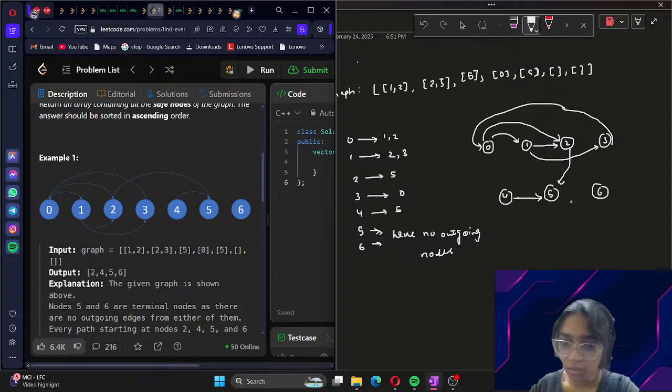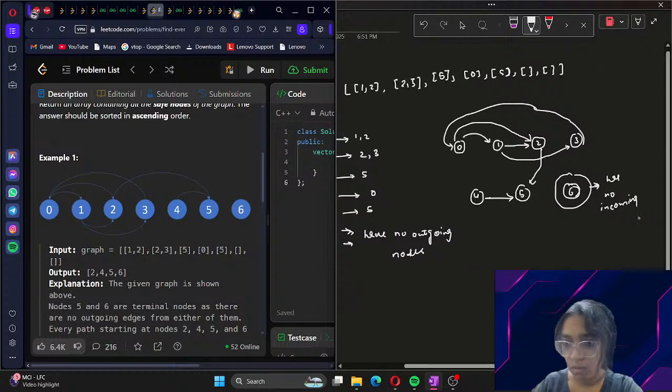These both have no outgoing edges, and this node has no incoming edges.